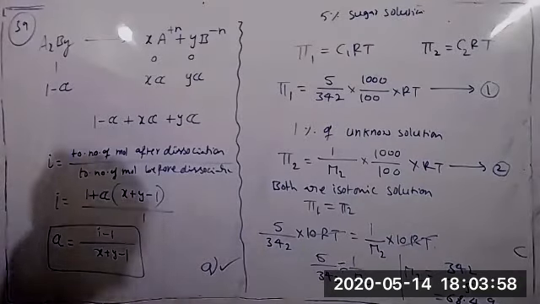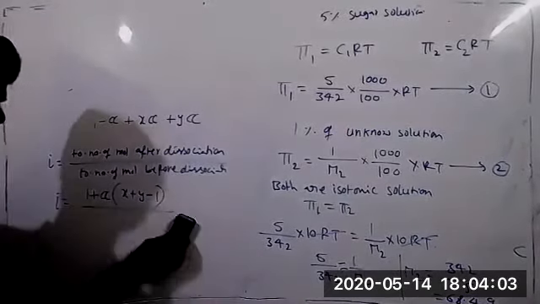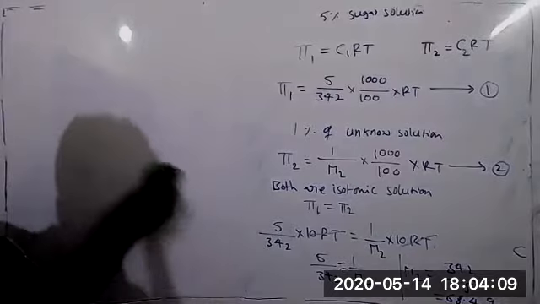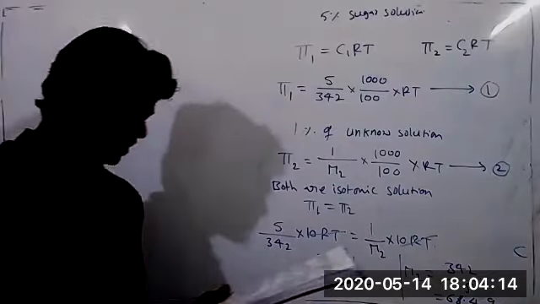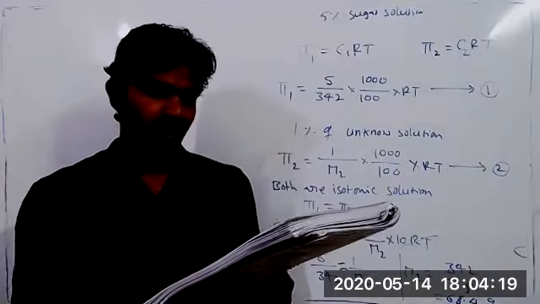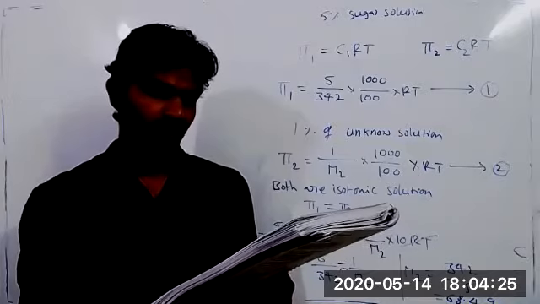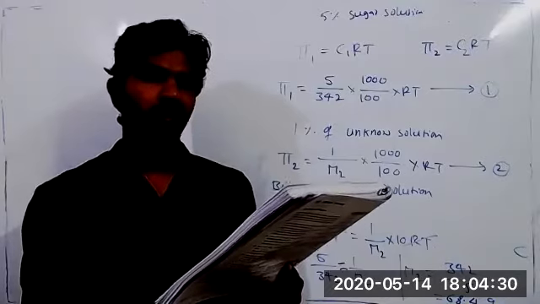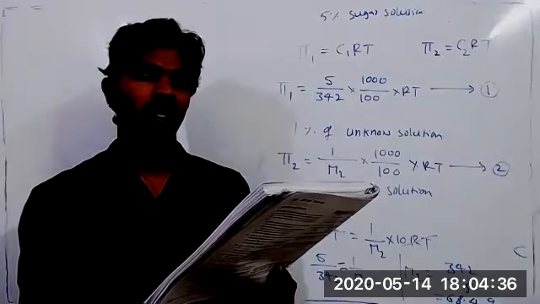Okay, next question. Question number 41. If sodium sulfate is considered to be completely dissociated into cation and anions in aqueous solution, the change in freezing point of water, delta TF, we have to calculate, when 0.01 mole of sodium sulfate is dissolved in 1 kg of water.